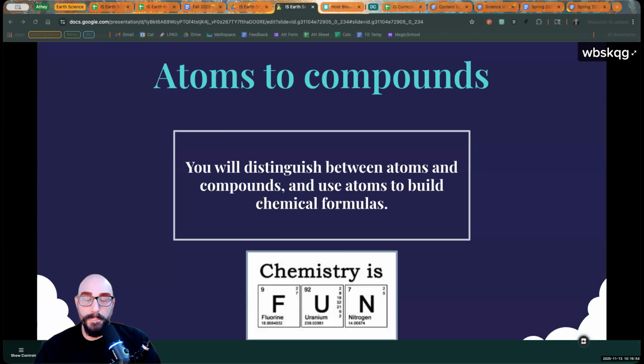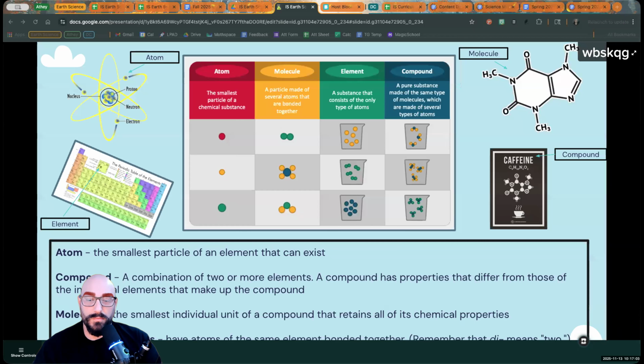So let's talk a little bit more about these specific parts, these atoms and these compounds. We need to know what the difference is. We need to know how we organize them. Okay, so we've got a few key vocabulary terms here. We've got an atom, we've got a molecule, we've got an element, and we've got a compound.